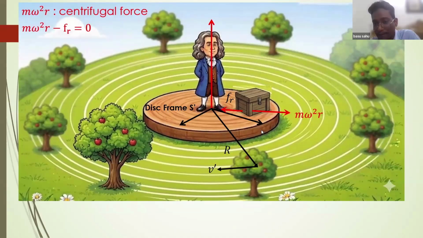Sir, can we think of it like this: if I am on the disk, I will not feel as if the disk is rotating. I will see the trees going around in the opposite direction.